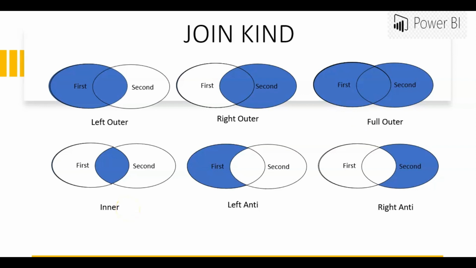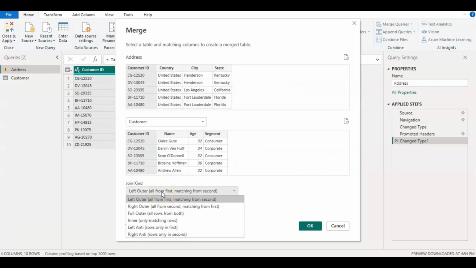It returns only matching records from both tables. Left anti. It returns all the records from the left table that don't have any matching records from the right table. Right anti. It returns all the rows from the right table that don't have any matching rows from the left one. So we can choose different types of join based on the output that we want.